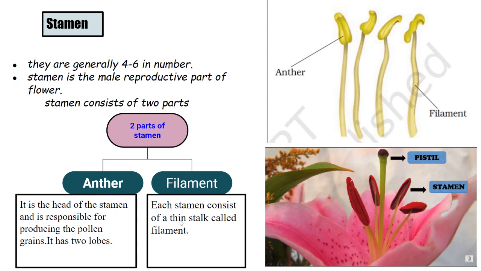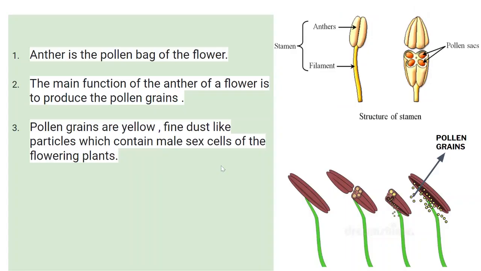Okay, what are pollen grains, children? Pollen grains are the yellow fine dust-like particles which contain the male sex cells of the flowering plant.